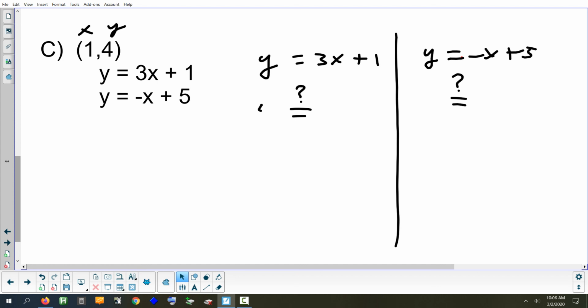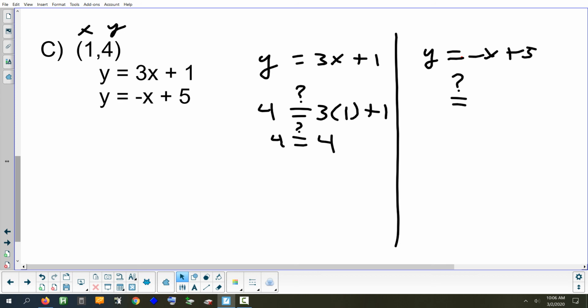So we're going to plug in 4 for Y, and the question is, does that equal 3 times, what did I fill in for X? 1. So what's 3 times 1? 3 plus 1 more. 4. Okay. So did it work?